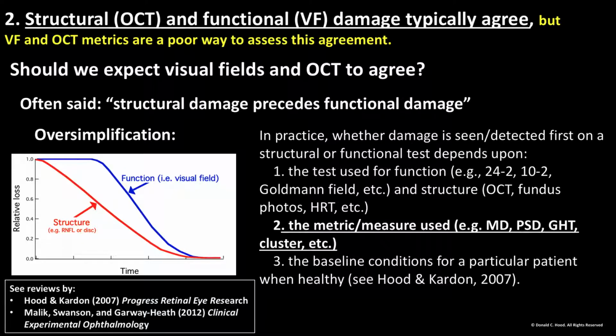Suppose you started out life with a relatively thick, compared to the average, but still within normal range, OCT retinal nerve fiber layer, but a relatively poor visual sensitivity, but again in the normal range. And I started out life, for whatever reason, with a very good visual sensitivity. I mean, I'm an experienced psychophysical observer, for example, right?